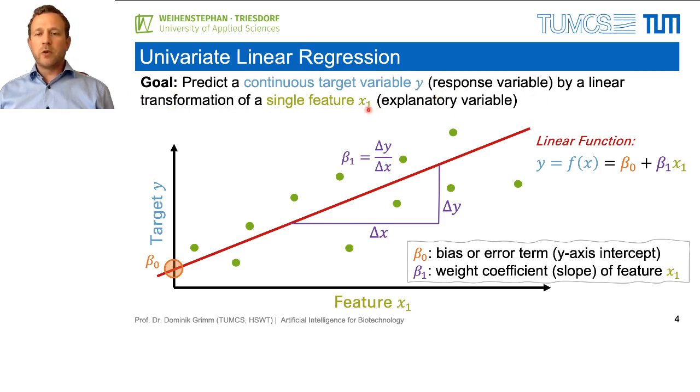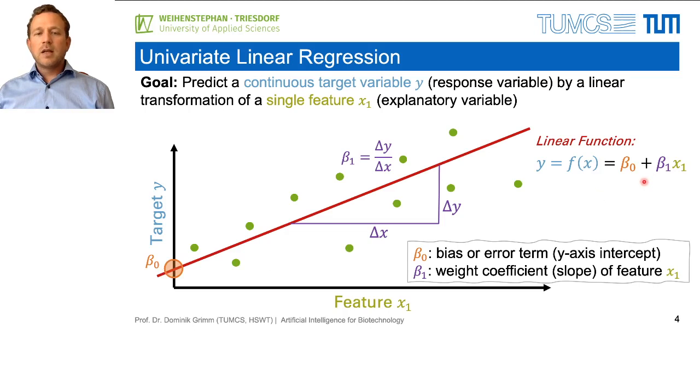So what do we need for this? We said we would like to compute a linear function that describes our data as best as possible. And you might remember from math that the linear function is defined as follows: y is beta 0 plus beta 1 times x1. In machine learning, we usually use Greek letters here. So beta 0 is nothing else than our intercept on the y-axis, which we usually also call the bias or the error term.